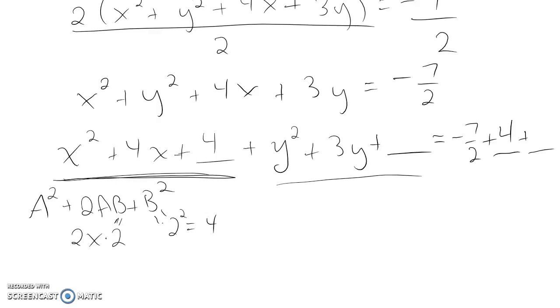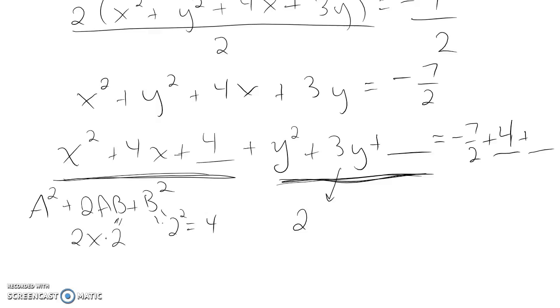Now if I'm looking at making a perfect square trinomial in y, I'm thinking about the same formula of a squared plus 2ab plus b squared, but it turns out that 3 can't that easily be written as 2ab. Or you might think that. Take a look at this. I know that a is y, right?